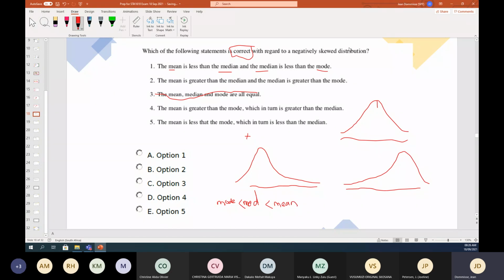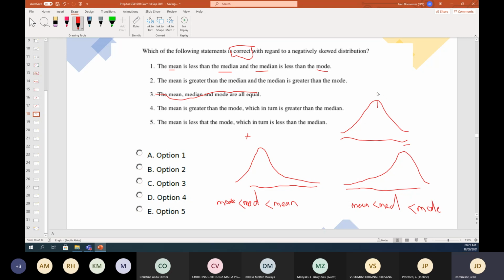And your negatively skewed, the one that we are looking at, your mean is smaller than your median, and your median then is smaller than the mode.